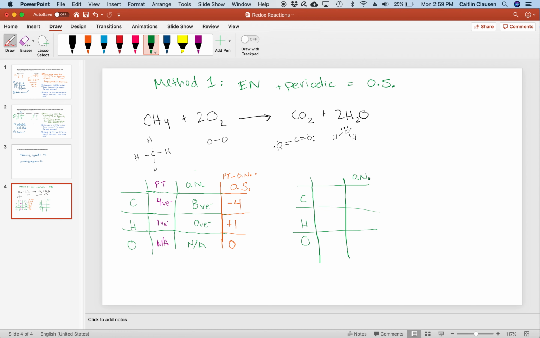We're going to look at the periodic table, subtract them, and get the oxidation state on the products, which is periodic table minus oxidation number.